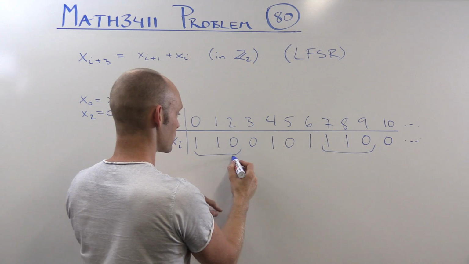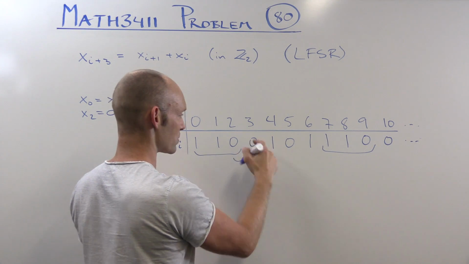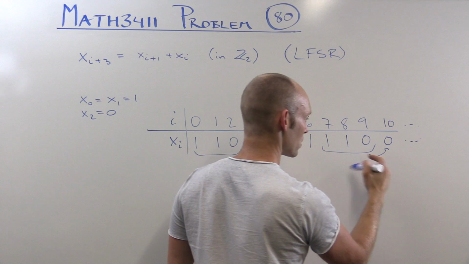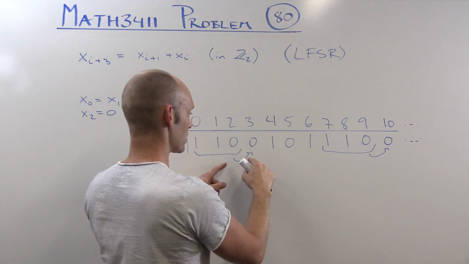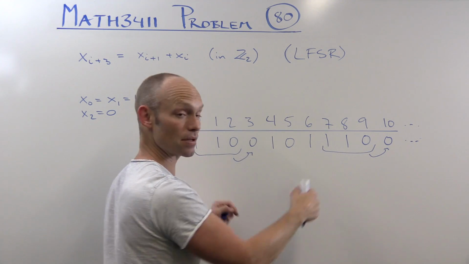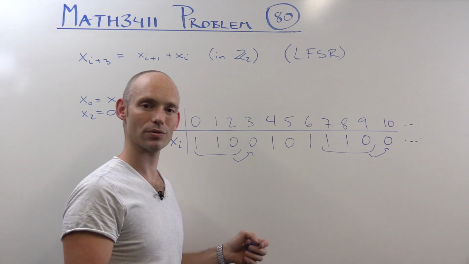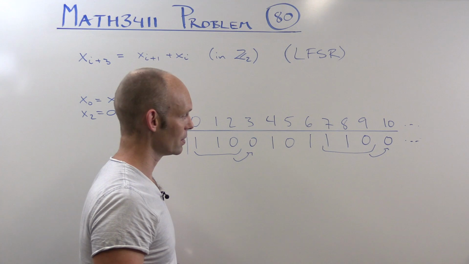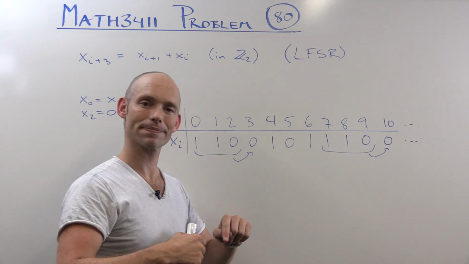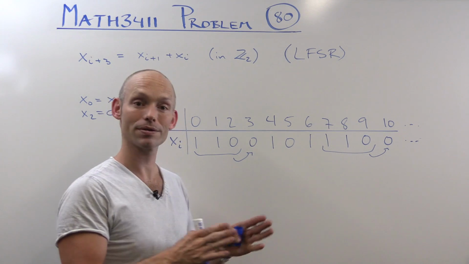So these 3 determine that 0, as do this one. So if we get a repetition like that, then we'll see that the numbers will begin to cycle around, and they'll begin to repeat themselves, in other words. So we'll have a cycle of numbers, and then we can ask, how long is that cycle?